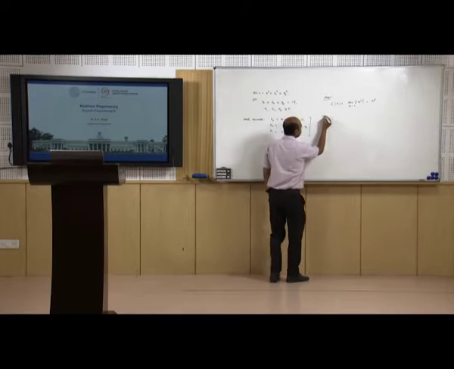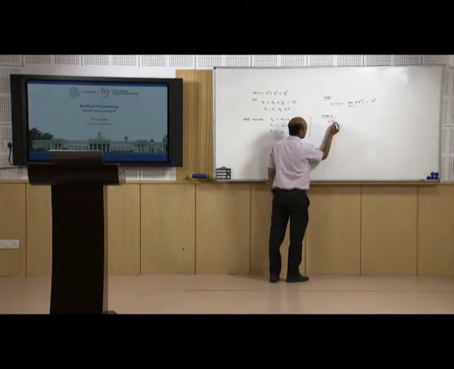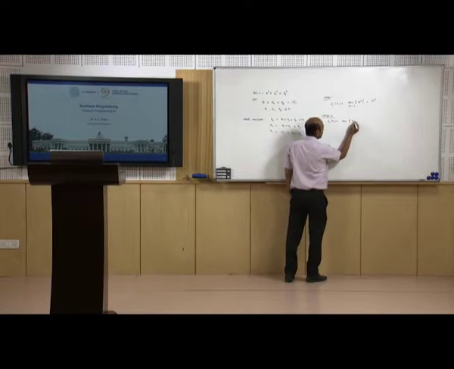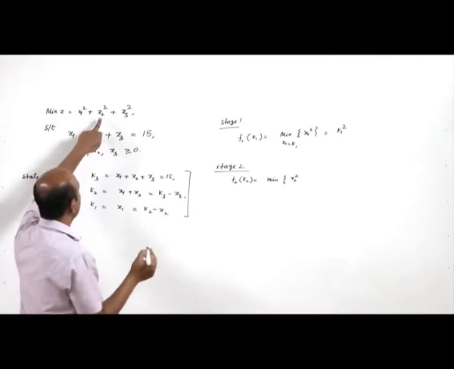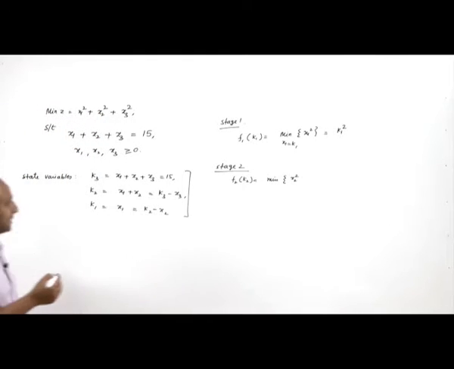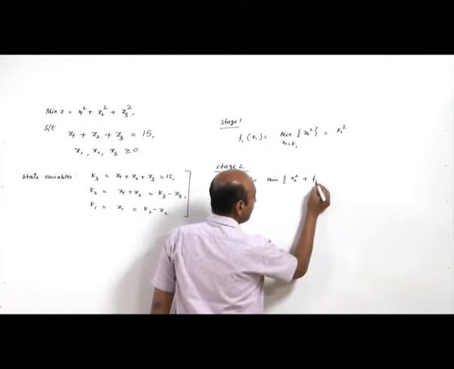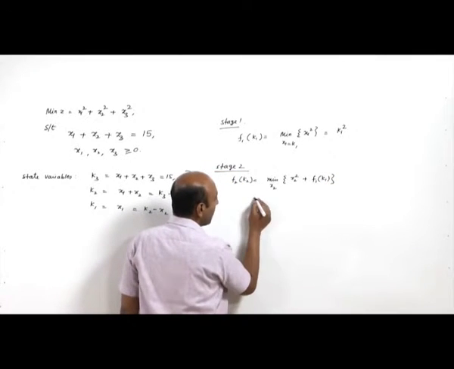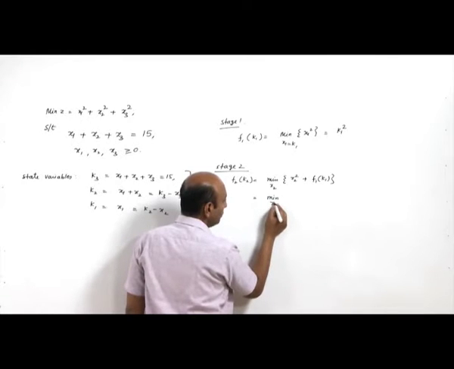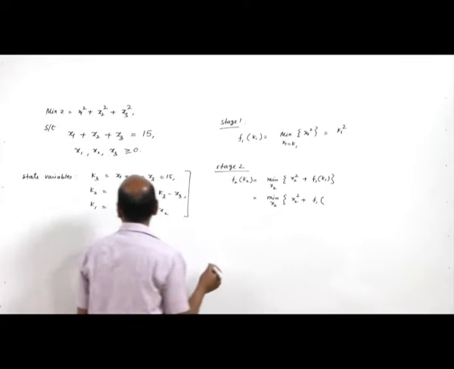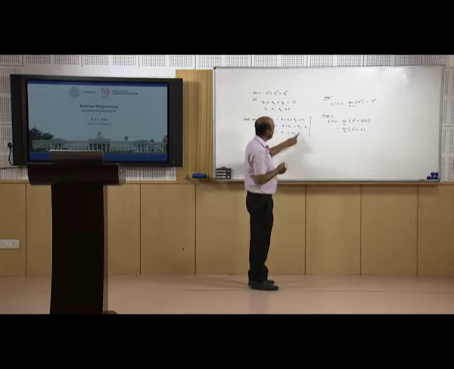Now stage 2. In stage 2 we take f2 k2. What is f2 k2? It is the minimum over x2 of x2 square, this objective function, plus whatever you obtained in the previous stage, f1 k1. And k1 is k2 minus x2.